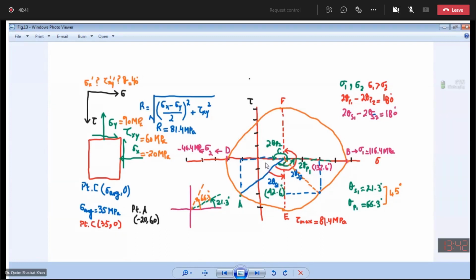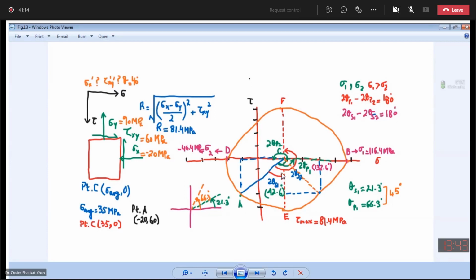This angle is 47.5, as you told me. So 2 theta S1 is measured from the reference plane CA to the plane CE. What's the value of 2 theta S1? It is 42.5 degrees.